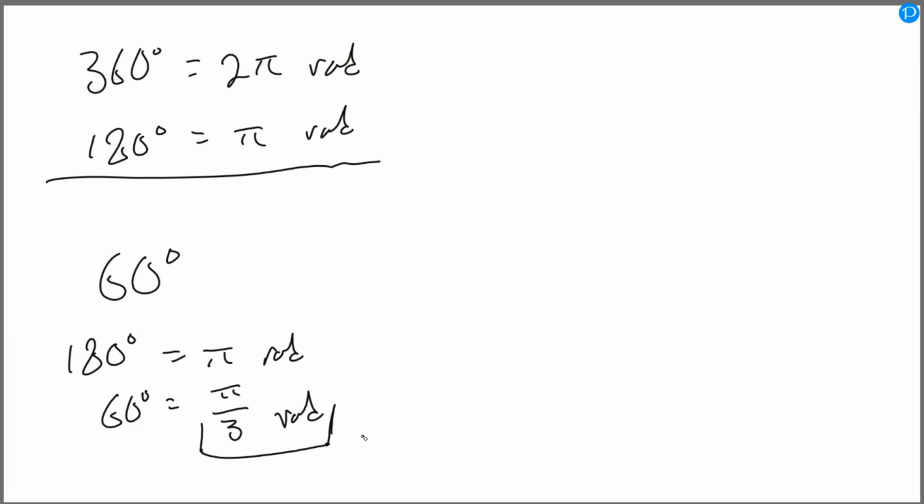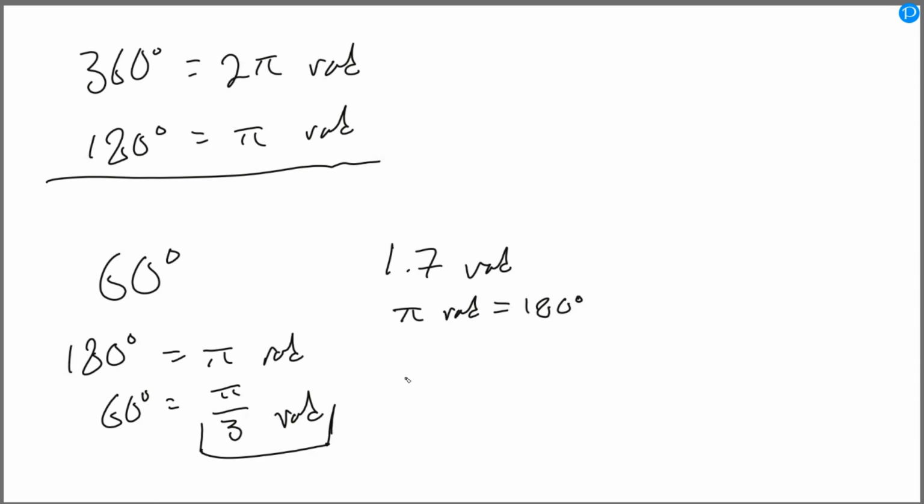You can also go the other way around, of course. Say you want to convert 1.7 radians to degrees. Let's write that pi radians is equal to 180 degrees. And we want to turn this pi into 1.7, right?